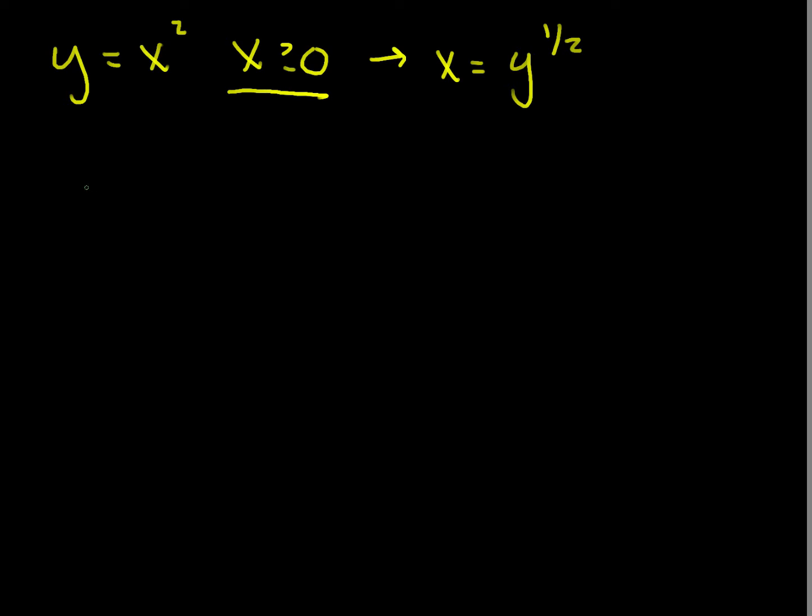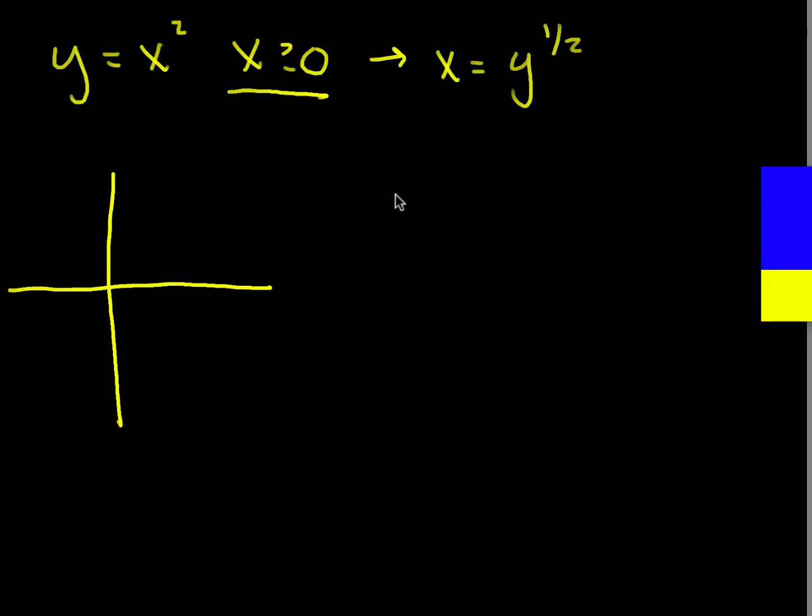And what do these graphs look like? Well, if I look at y equals x squared, its graph would just be on the right-hand side, the parabola y equals x squared.